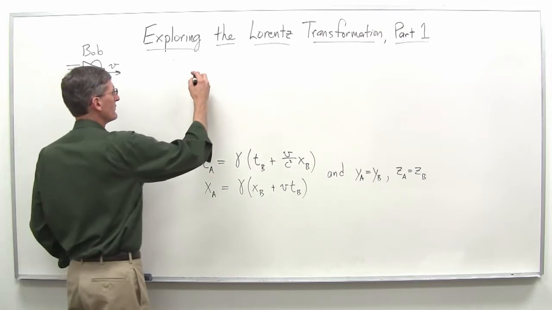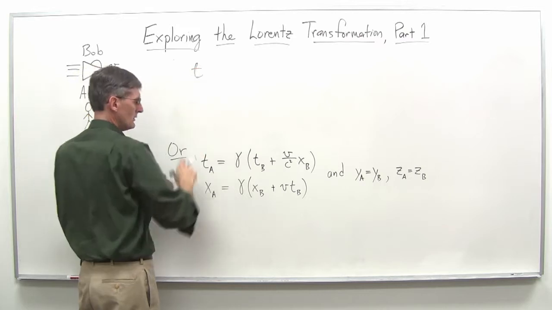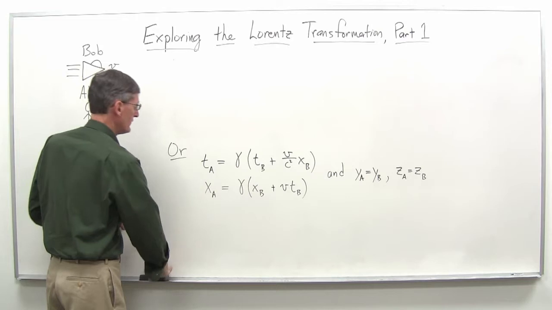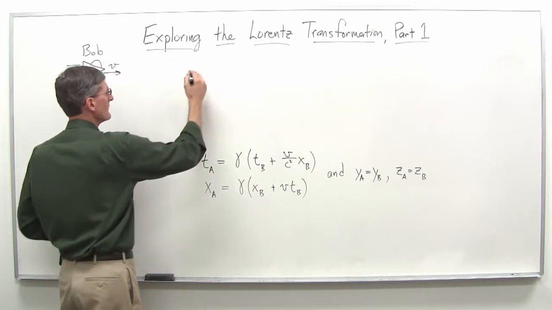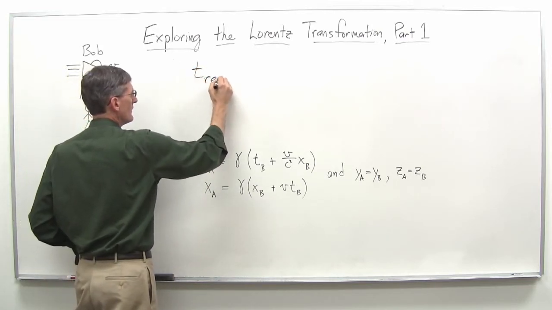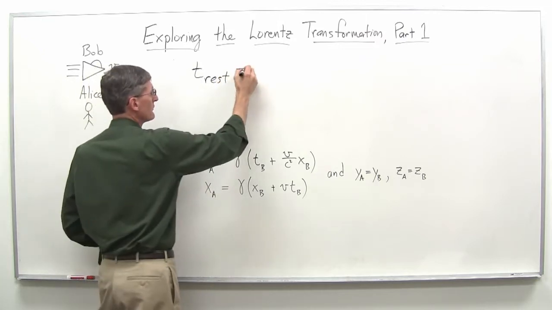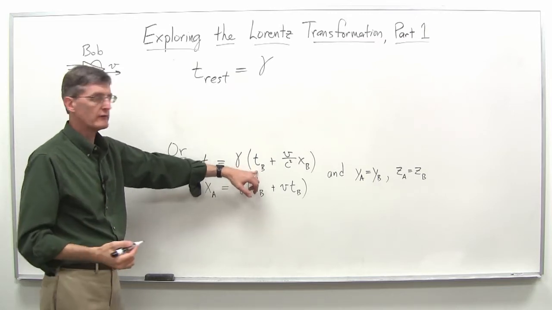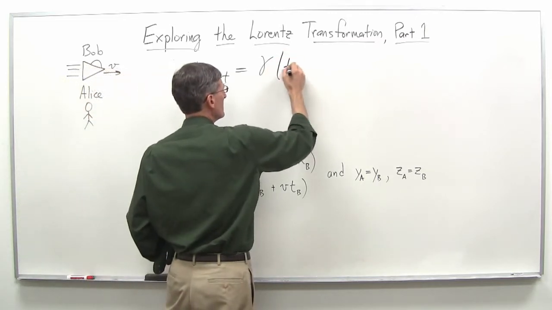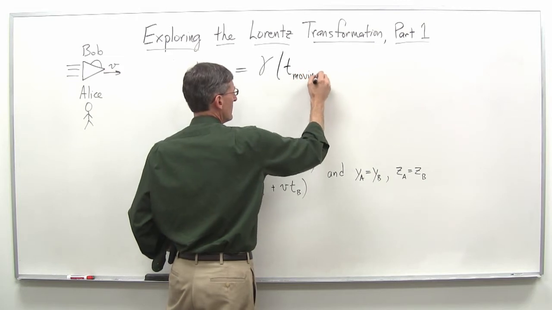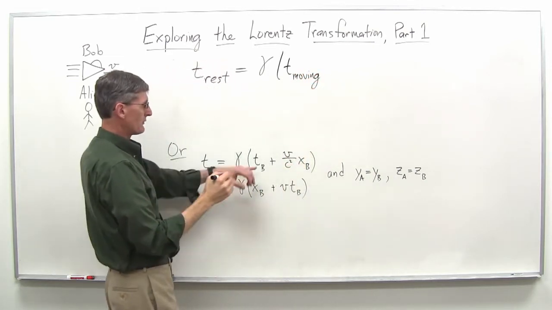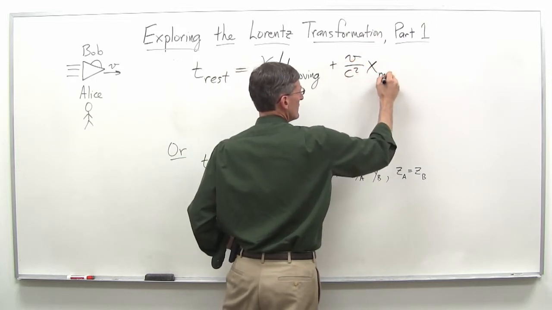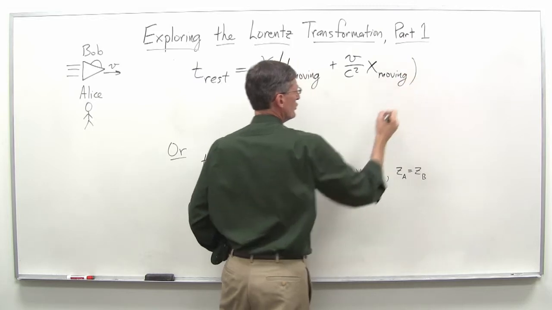We'll say T rest equals gamma, still being the Lorentz factor, times T moving, TB being our moving frame, plus v over c squared times x moving.